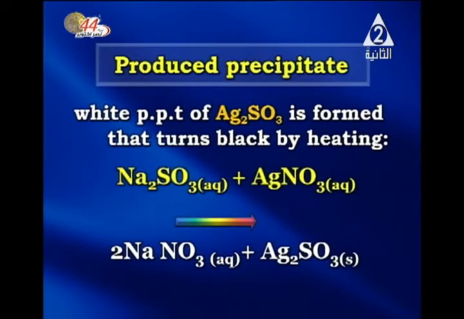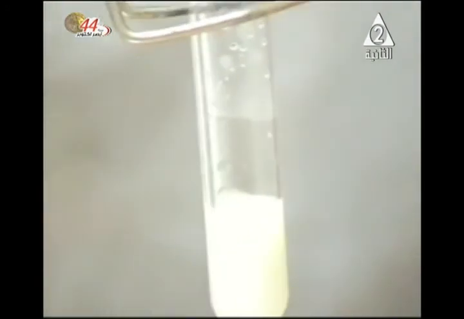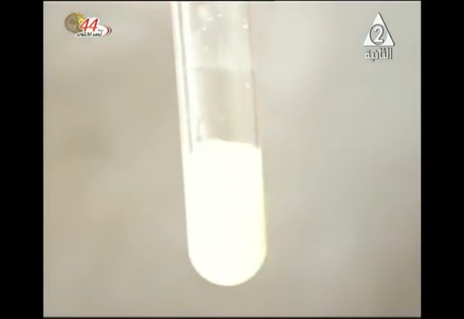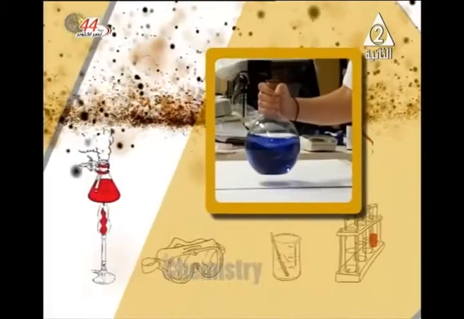Here, my dear student, when sodium sulfite reacts with silver nitrate, a double substitution reaction occurs, giving sodium nitrate and the silver sulfite that is formed, which is a white precipitate, as shown in the following animation. Here, on adding the silver nitrate solution on the sulfite salt solution, it gives a white precipitate.